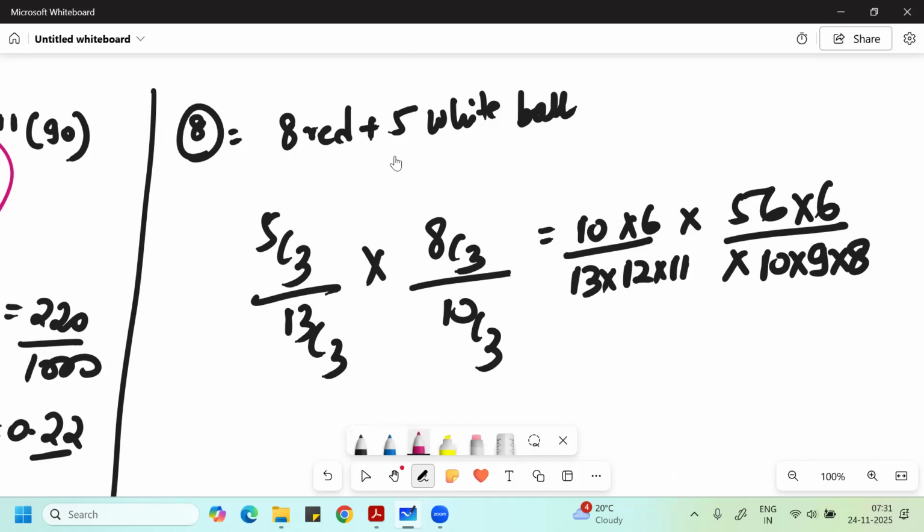So if you solve this, 10 and 10 cancel. This is 6, 2 cancels; this is 3, cancels; this is 3, cancels; this is 7.